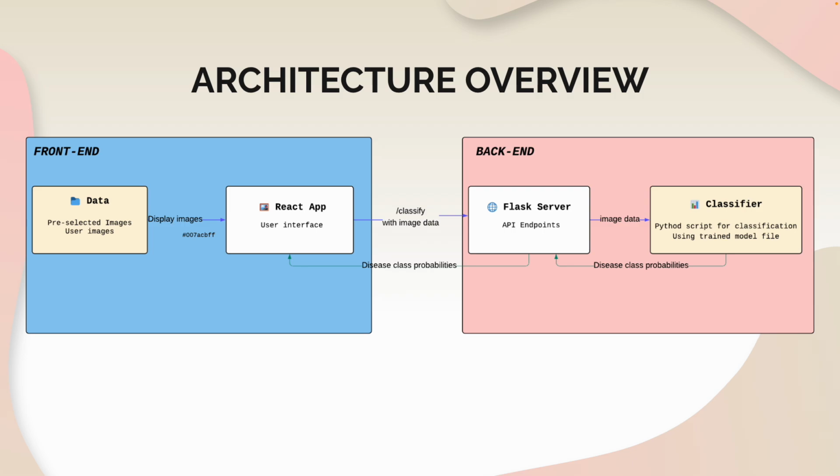And once they select the image and ask the web application to classify it, React will send a request to our backend, so to our Flask server, with the image data, and then Flask will use the Python script for the classification that uses the trained model file to generate our disease class probabilities that will then be sent back to the React application, and the interface will immediately update to show the results to the user.